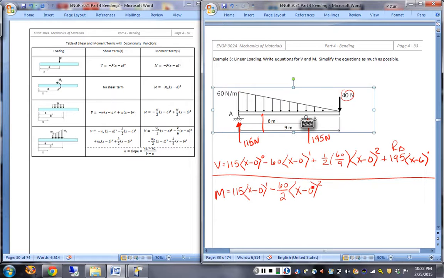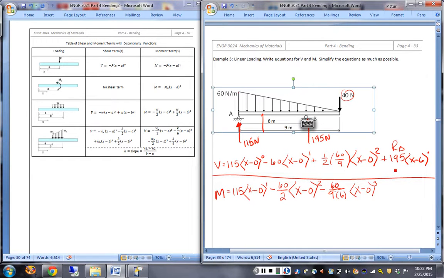The slope k is 60/9, and we need to divide that by 6, so we add another 6 on the denominator. A is 0 because the distributed load starts at x equals 0, and that term is cubed.